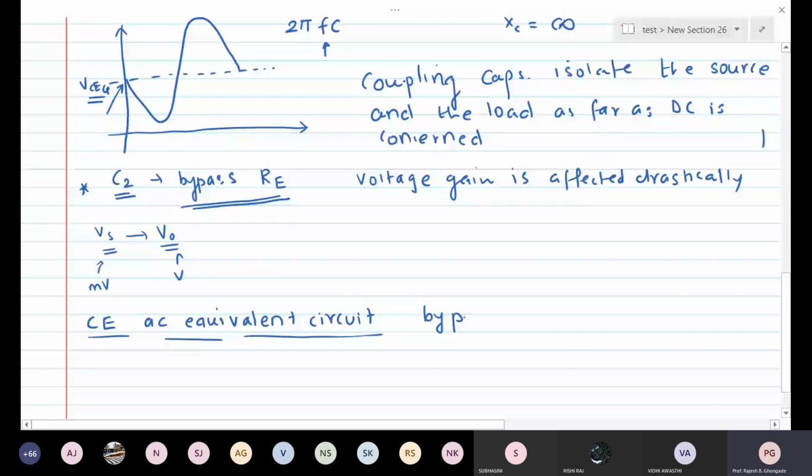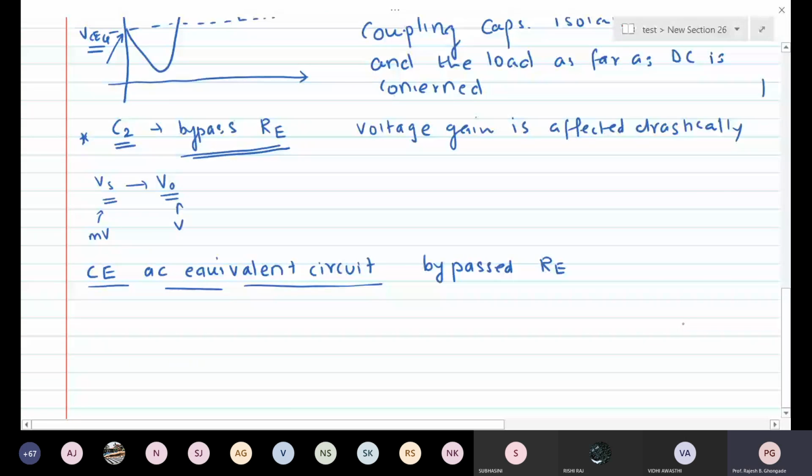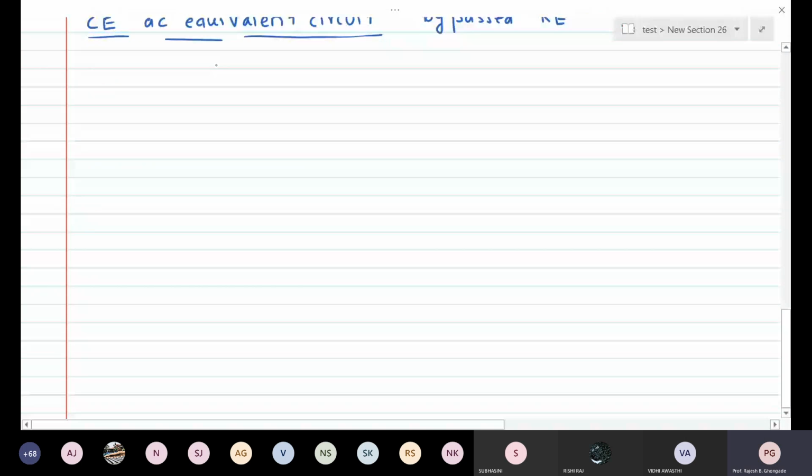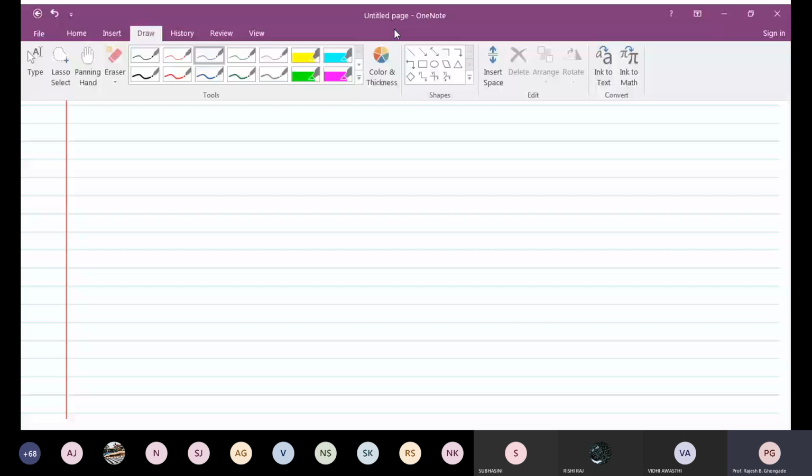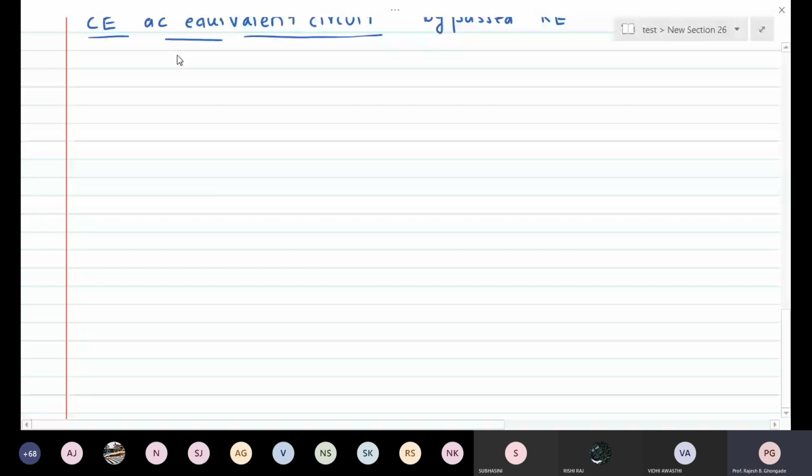How does the signal appear? How does the circuit appear to AC signals? Okay, that is what we will see. Now this is going to be very, very interesting, and of course, very, very conceptual. Let us see the circuit. So when I start drawing this, you also copy whatever I am doing.